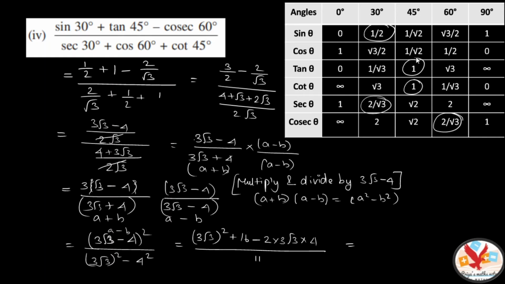That is equal to 27 plus 16 minus 24 root 3 by 11, which is equal to 43 minus 24 root 3 by 11. Hence the solution.